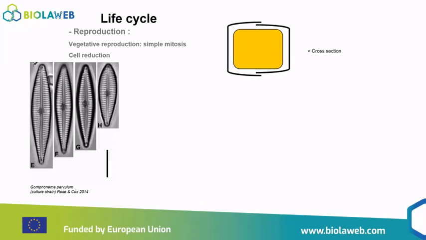A few words about the life cycle. Diatoms can reproduce in two ways. The first one is vegetative reproduction by simple mitosis. This is a cross section of a diatom. You can see here the cell, and you can recognize the hypovalve and the epivalve, this extracellular frustule.